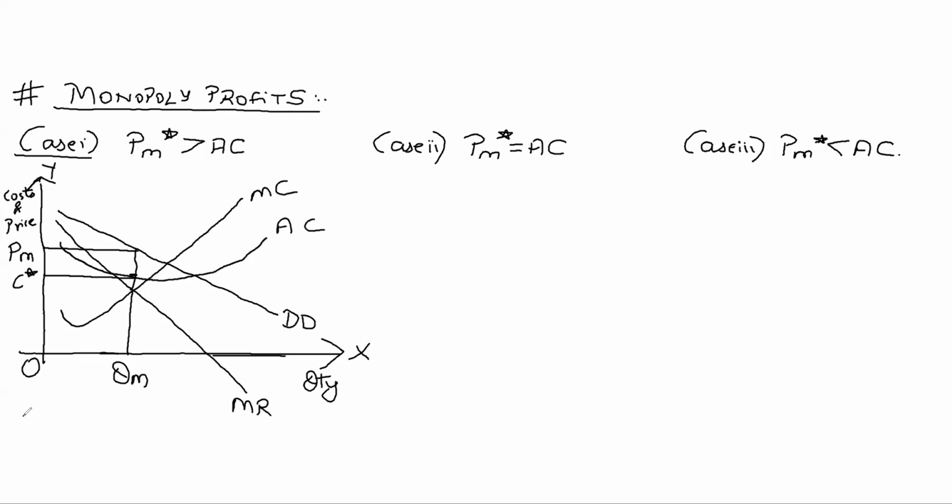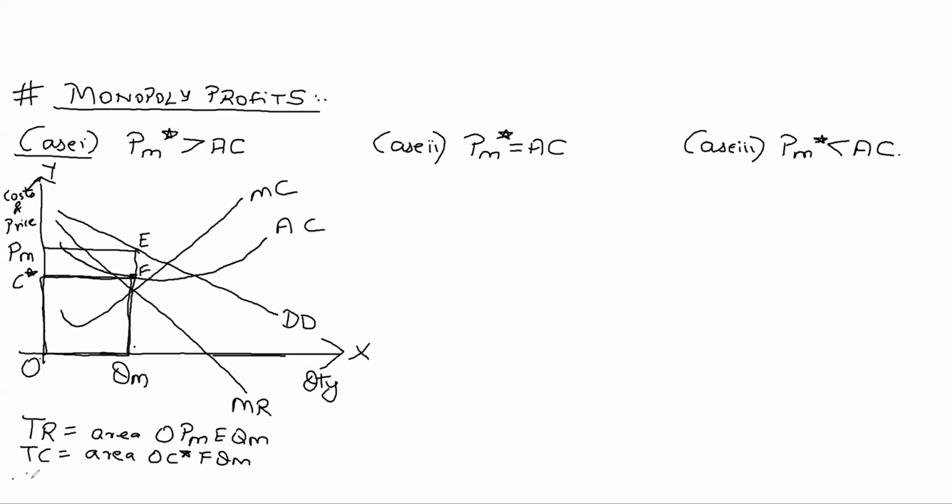So my total revenue is area, suppose I label this as E and suppose I label this point as F. So my total revenue is area OPM EQM, the area of rectangle OPM EQM. My total cost is the area OC star FQM. That means this smaller rectangle is my total cost.